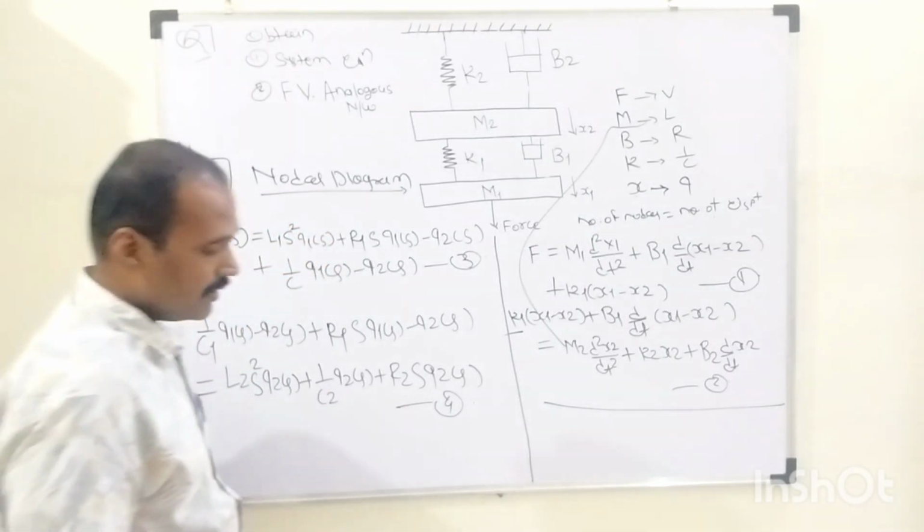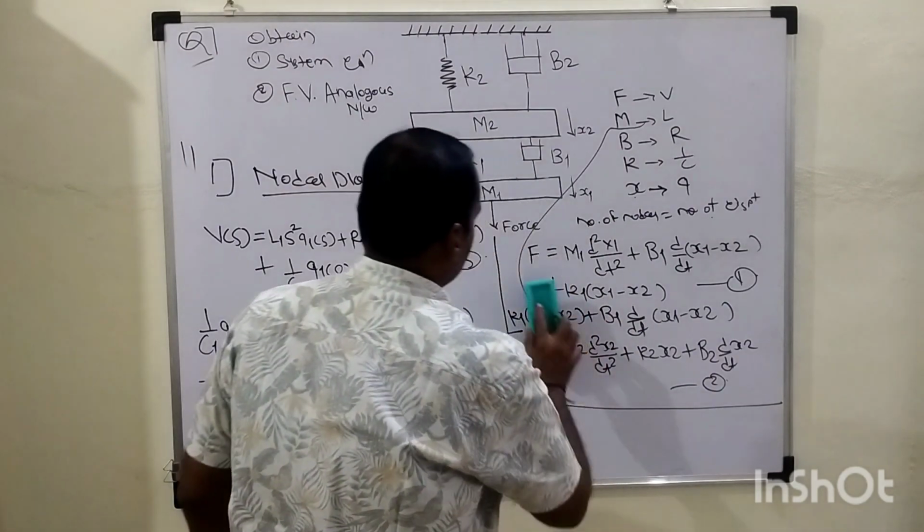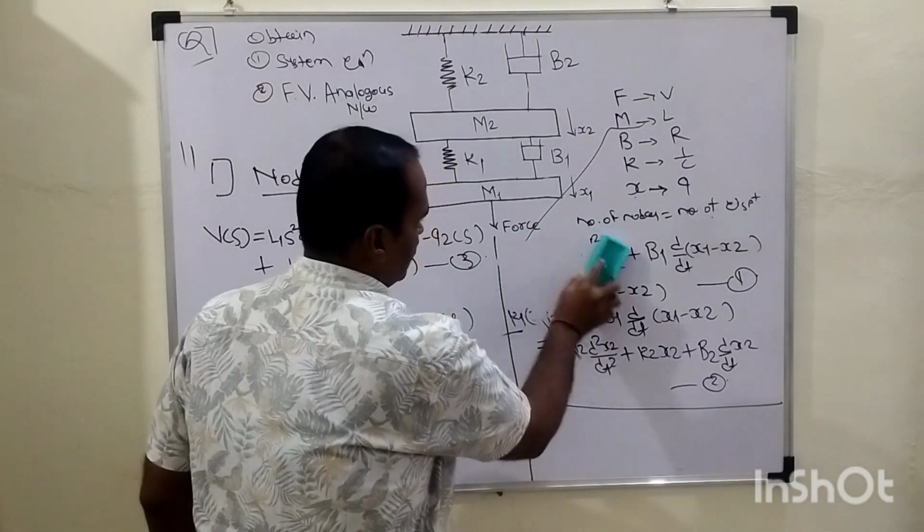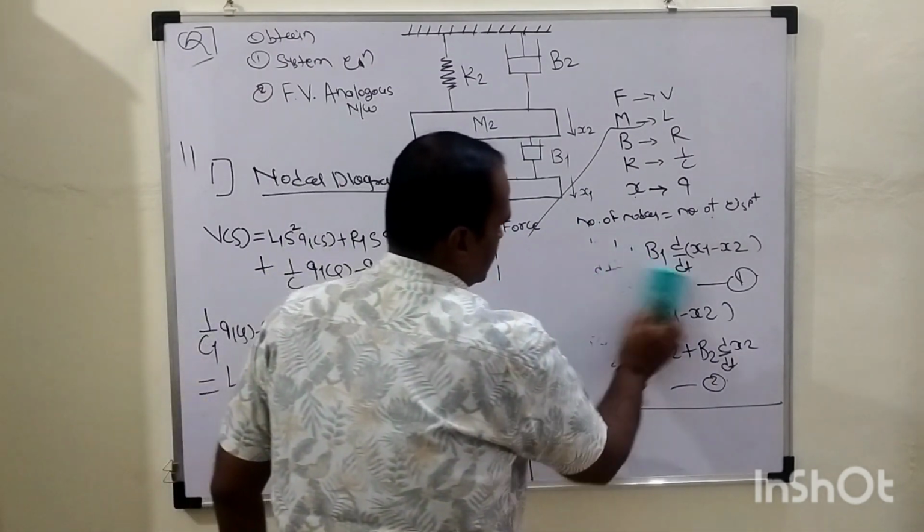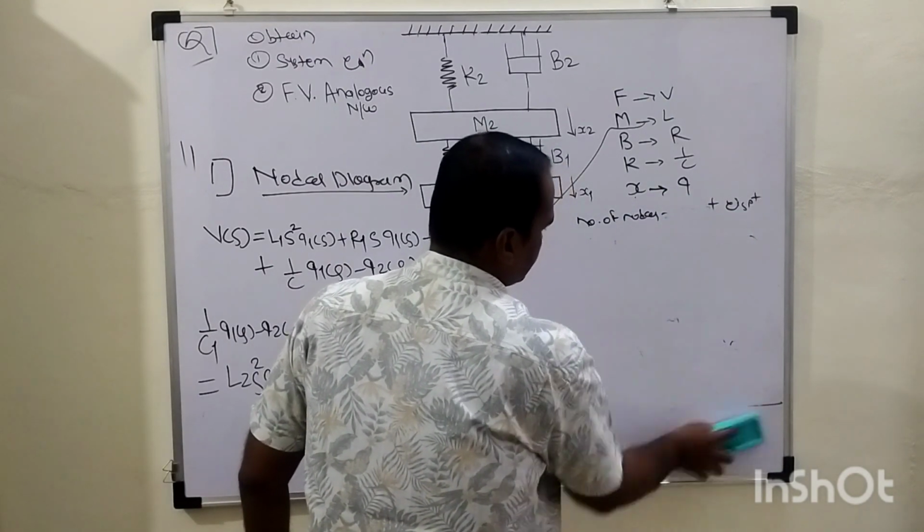Now in order to draw the force voltage analogous circuit, now here I will remove this equation number 1 as well as 2.